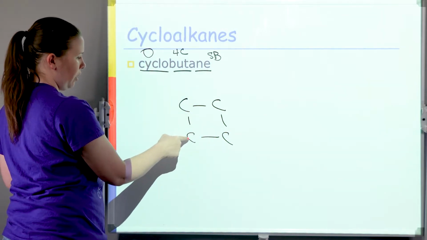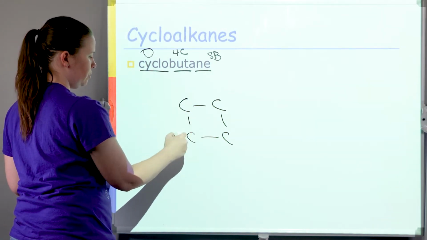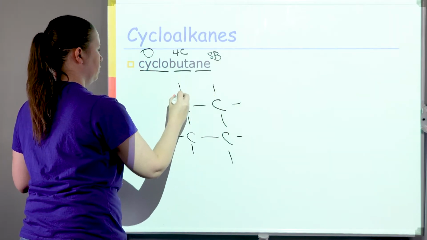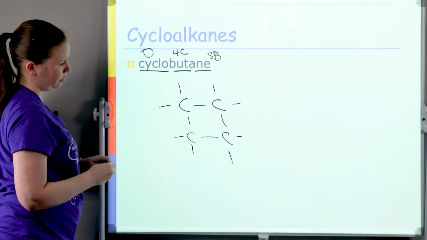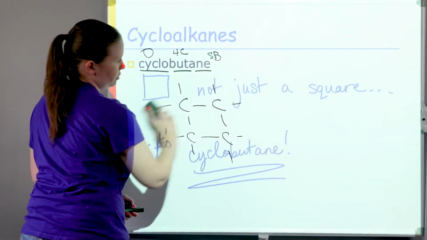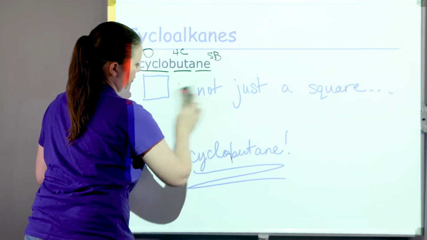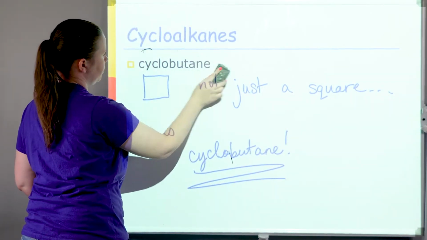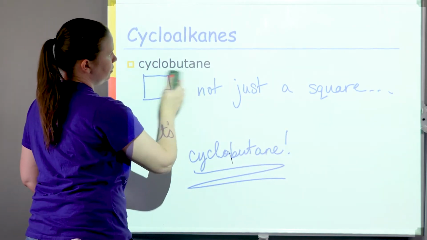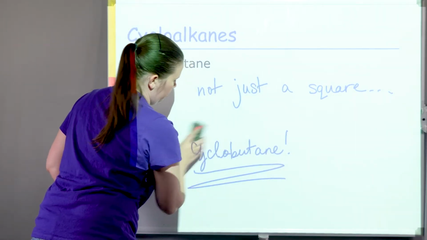And then every carbon, because it's already got 2 bonds, would have 2 hydrogens attached. So it kind of looks like a hashtag or something there. Or we could just draw it as a square to represent the 4 carbons at each intersection. Carbon, carbon, carbon, carbon. Okay.